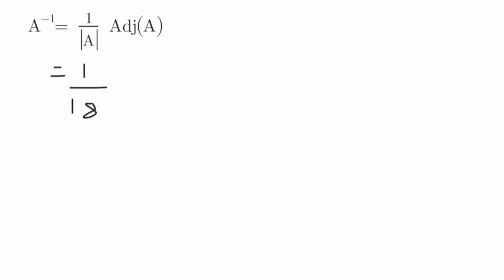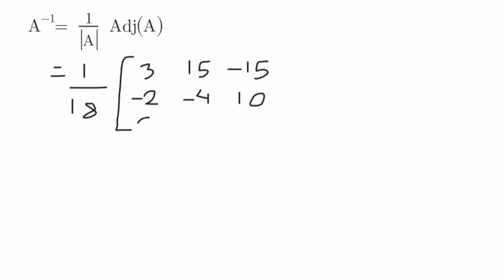So 1 by 18 times adjoint of A. The adjoint of A we just obtained was equal to 3, 15, minus 15, minus 2, minus 4, 10, and 3, minus 3, and 3.